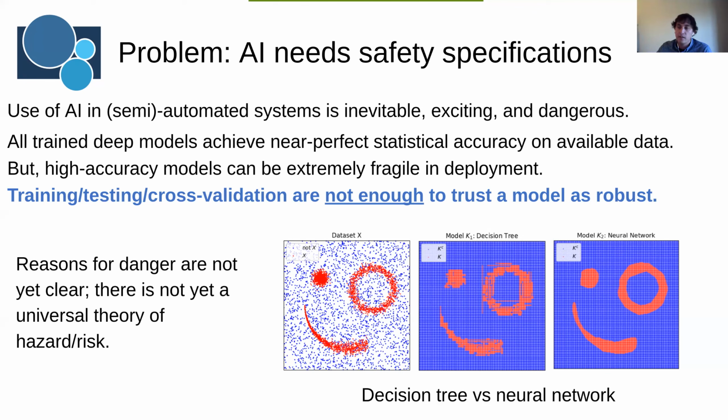And similarly on the right, you have the same thing, but now for a neural network. I'm not going to assume you know anything about neural networks. If you do, that maybe will help, but you don't need to know that for this talk. But if you look at those two pictures and you compare them, I think we'd all probably agree that the one on the right is a little bit better fit than the one in the middle.